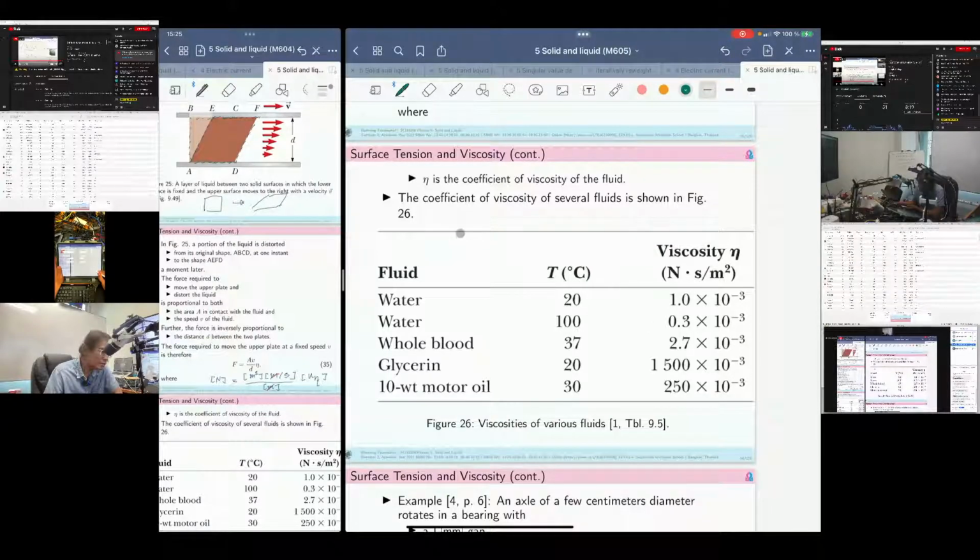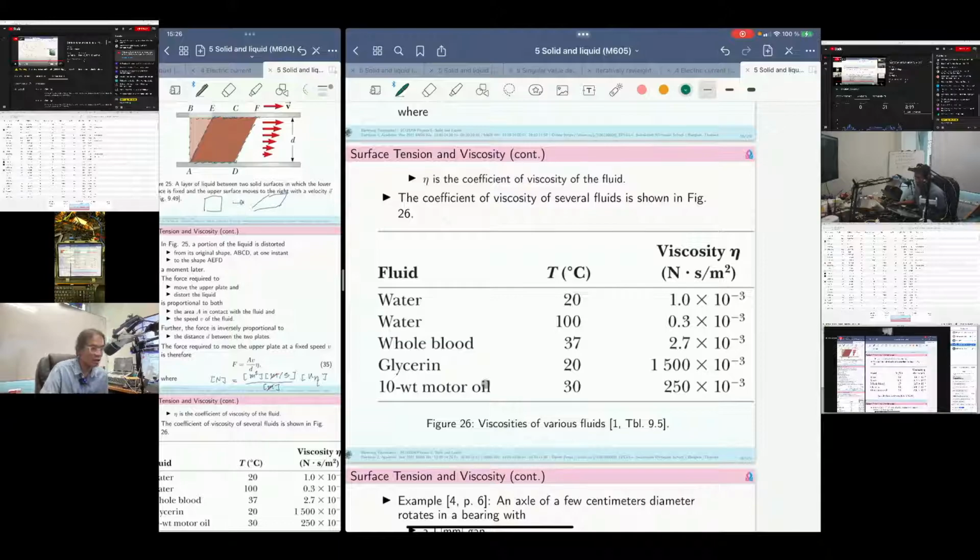We have several materials. For example, water at room temperature, water at the boiling temperature, 100 degrees Celsius, and whole blood, the blood inside our human body, and glycerin, and 10 WT motor oil. You know that inside the engine, we need lubrication, otherwise we are going to have friction, and friction will bring you to wear.